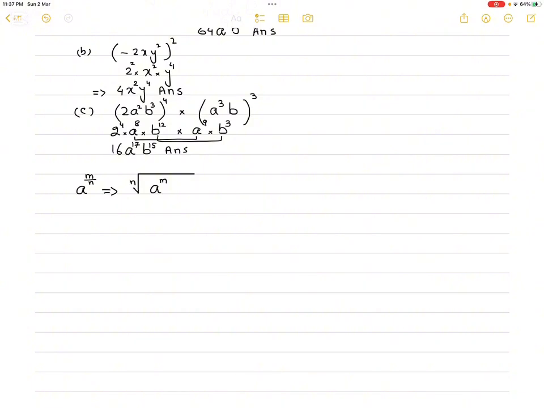So for example, if I gave you 2 power 3 over 4 to write in the radical form, follow the rule: the numerator of the fraction will become the power of 2. You write 2 power 3 and the denominator of the fraction becomes the root, so write 4 here.